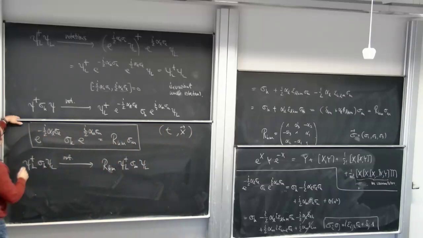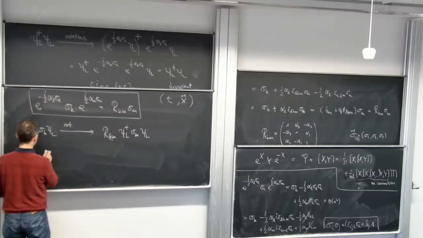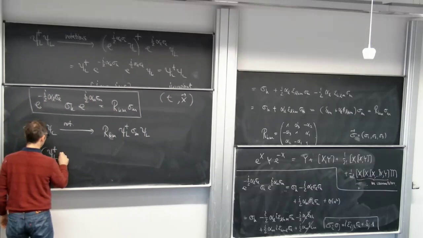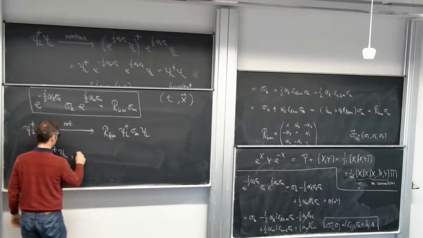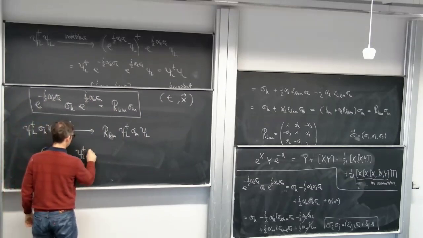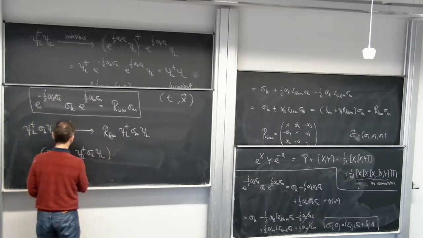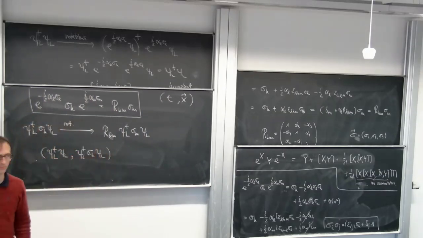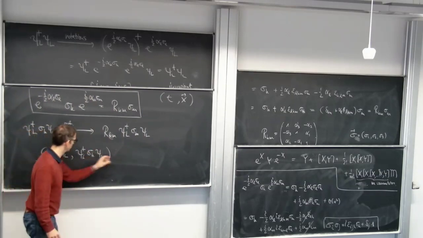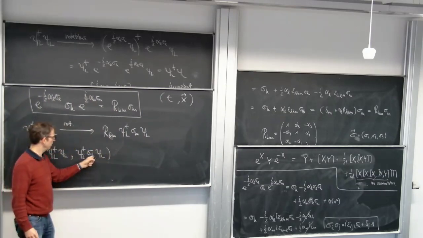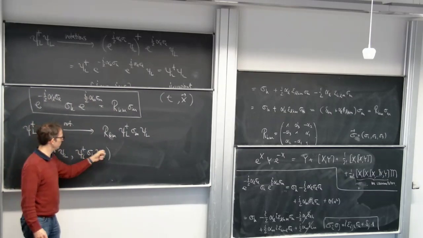So I am claiming that this combination, psi dagger L psi L and psi L dagger sigma k psi L, is transformed as a 4-vector. This is now 4 things, but I didn't write the 4. I just wrote dagger, and I mean 1, 2, 3.